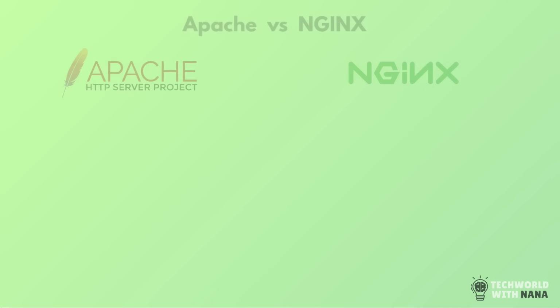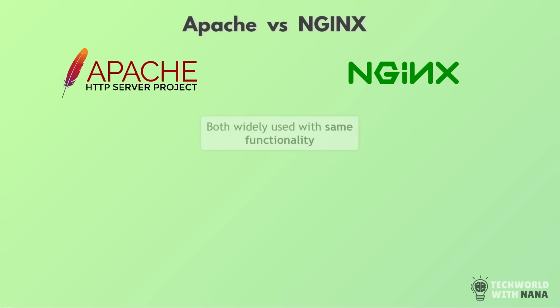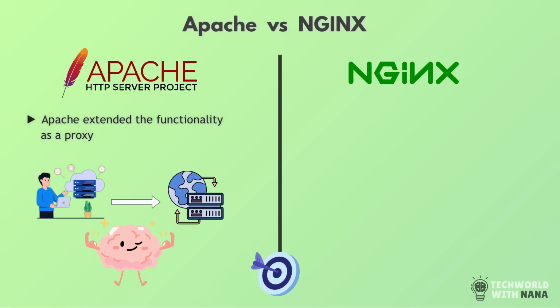Now, some of you who've been in IT for a little longer may have worked with Apache Web Server. So what's the difference between Apache Web Server and Nginx Web Server? Well, not much actually. Nginx and Apache Web Servers do pretty much the same thing. Just like Nginx, Apache also used to be a basic web server, and then they extended its functionality as a proxy.